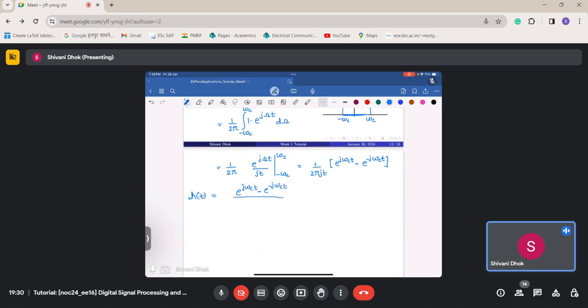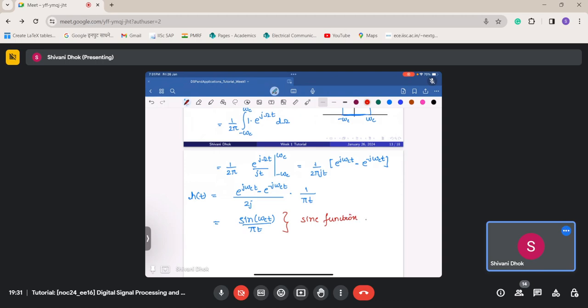I can write it as 1 upon 2j into 1 upon pi t, and this quantity is simply sine of omega ct upon pi t, and this thing is a sinc function.